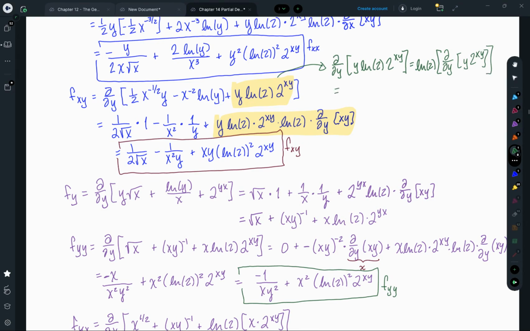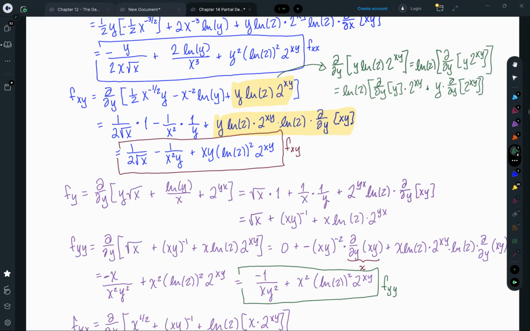This is equal to ln of 2 times the derivative of the first, del y of y, times 2 to the xy, that's our missing term, plus y times del y of 2 to the xy.